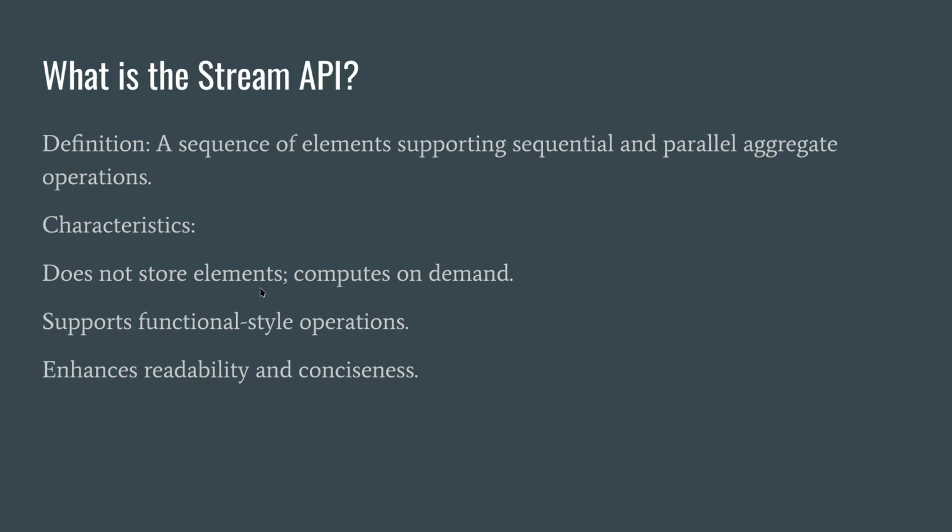Importantly, these elements are processed on demand, and this makes streams incredibly efficient. Streams are particularly great because they can be processed in parallel easily, optimizing performance without complex code.